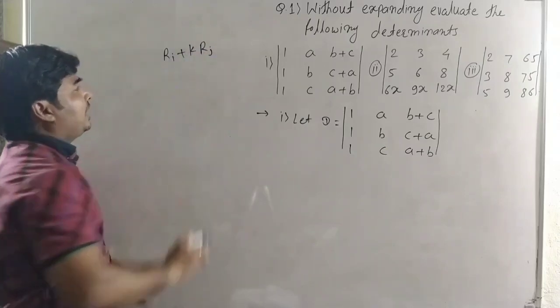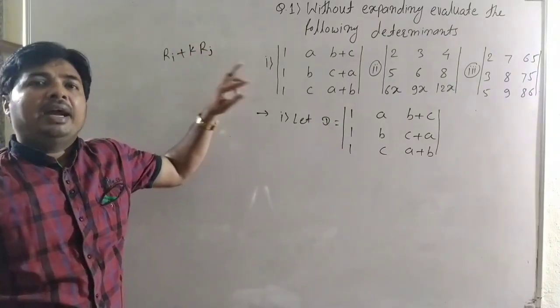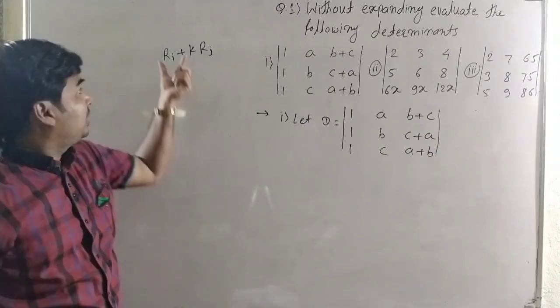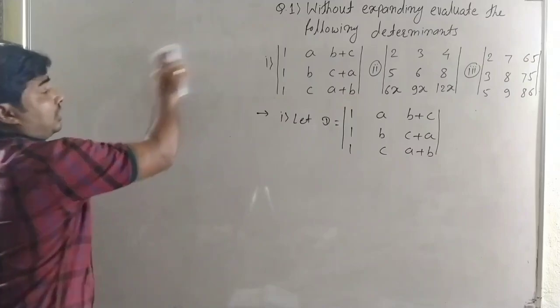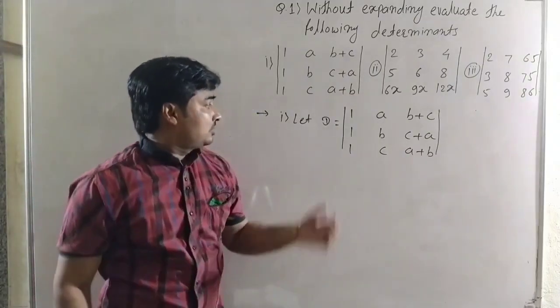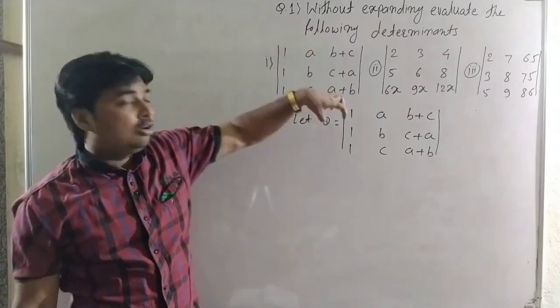That means we multiply one row by a number k and add it to another row. Or a column transformation. Using these properties we can find the value of this determinant.